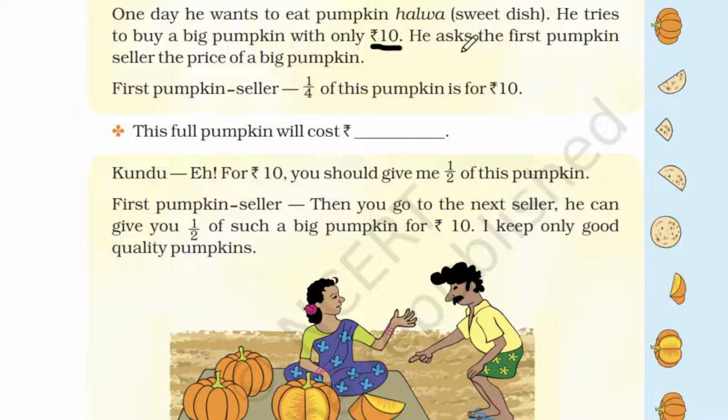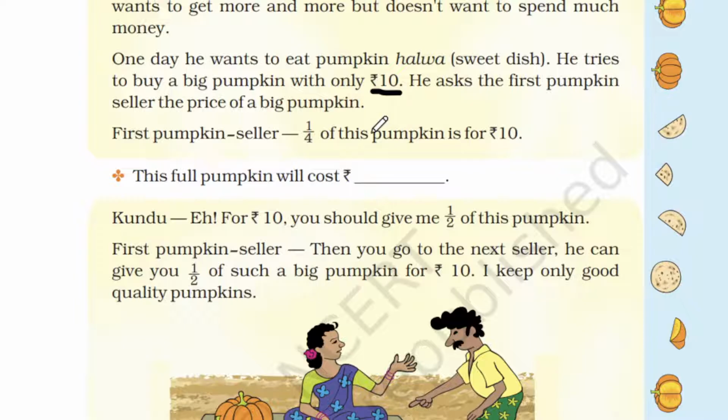The first pumpkin seller said, 1/4 of the pumpkin is for rupees 10. He is planning to buy a full pumpkin, but the shopkeeper is telling him 1/4 of this pumpkin is rupees 10. What will the full pumpkin cost?